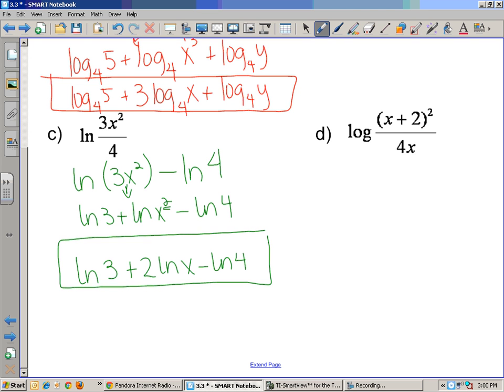Notice I'm doing it step by step because I want you to see how that works. So the division sign equates to a minus sign. The multiplication equates to a plus. And the power equates to a constant out front. Now I want you to try D, and I will check that when you come into class on Thursday.